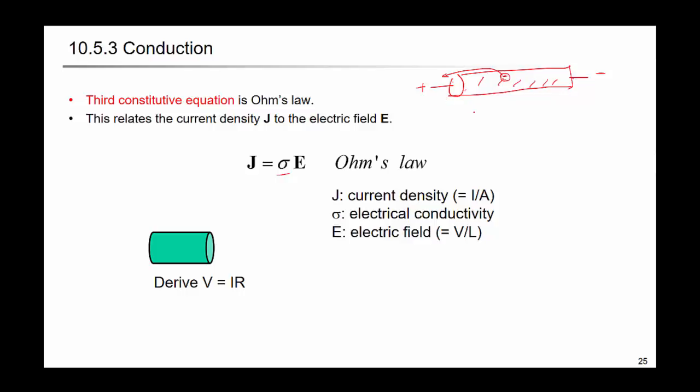And that makes the current. So that movement is converted to the J, the current density over the area. And if you apply a very strong electric field, the movement of the charge will be faster, and more charge will move.